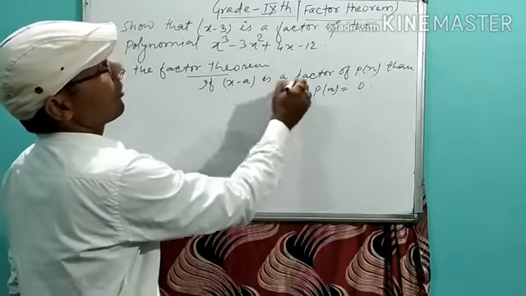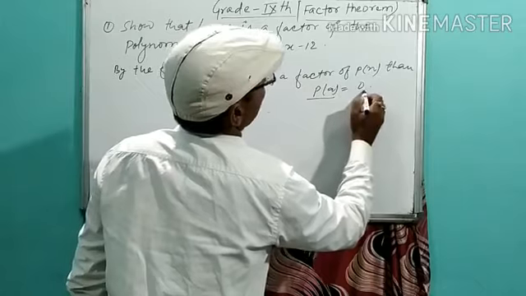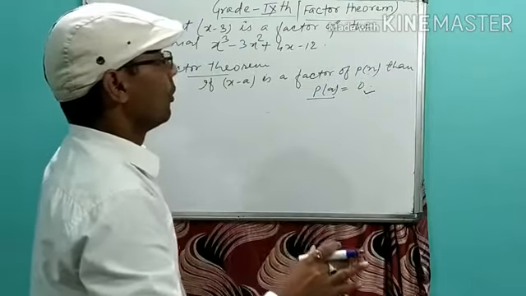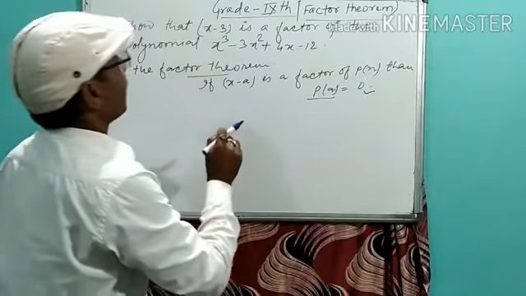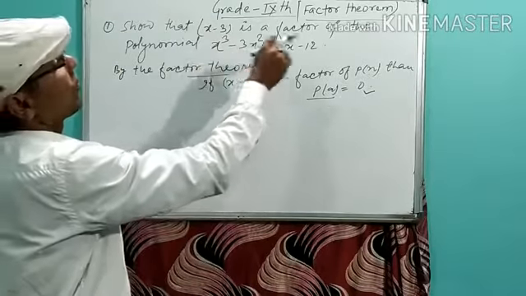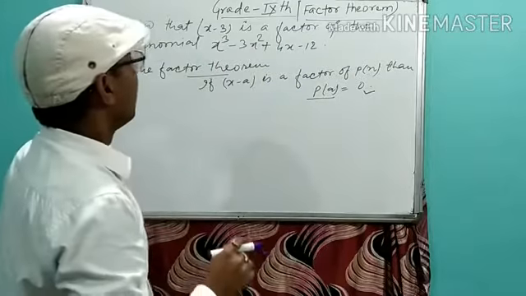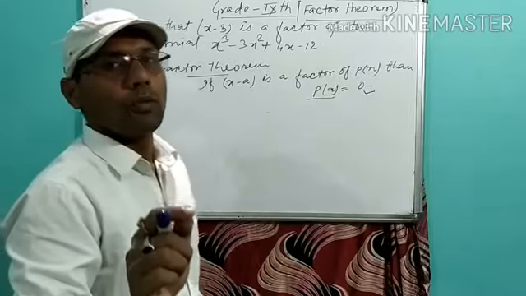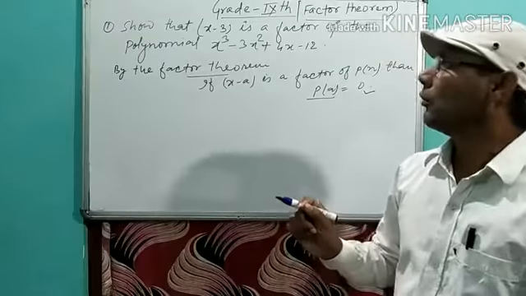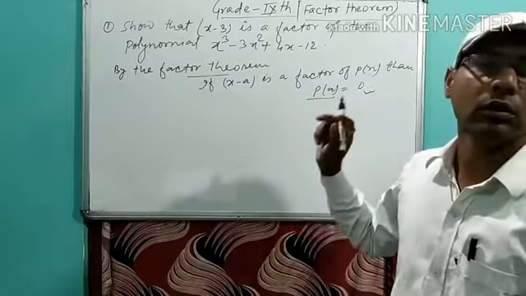It means the remainder is equal to 0. To show that x minus 3 is a factor of the polynomial, my dear, it is very clear. We have to show that p(3) is equal to 0.